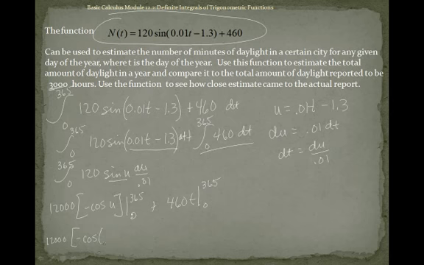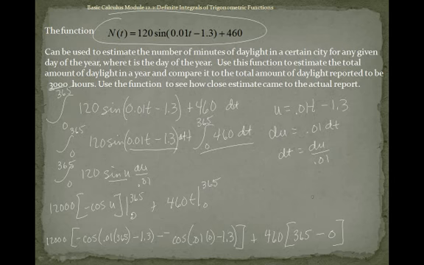So that would be 0.01 times the 365 minus 1.3, parenthesis close, minus a negative cosine of the 0.01 times 0 minus the 1.3, bracket closed, plus 460 times the t, which is 365 minus 0.